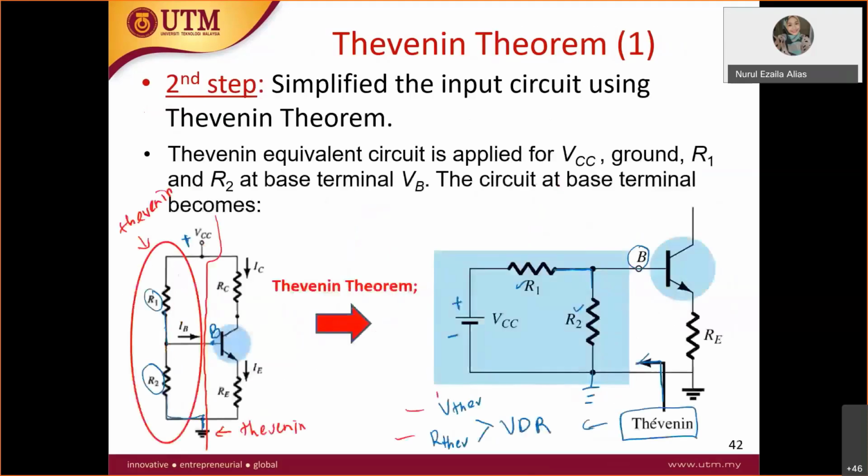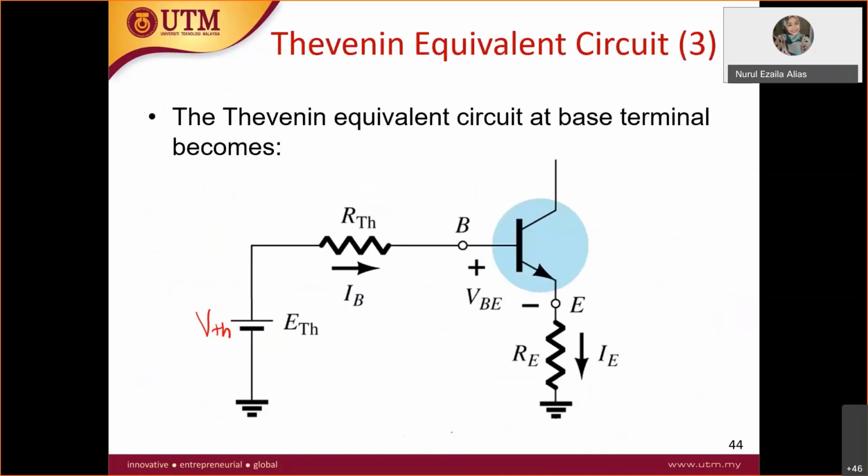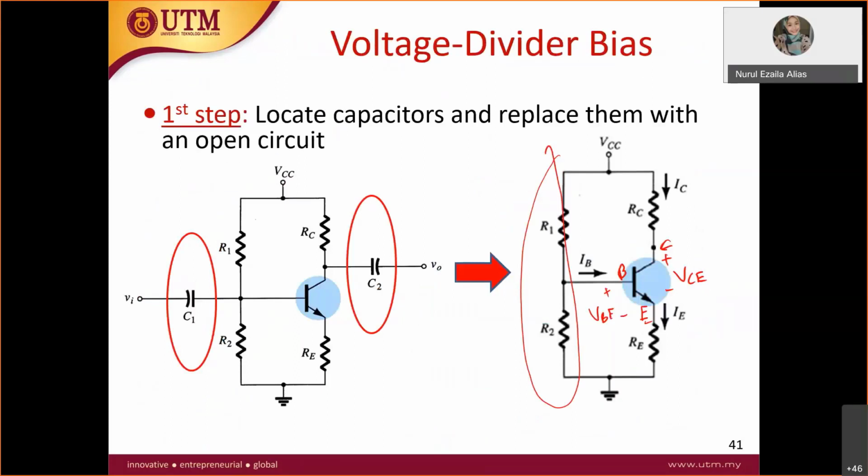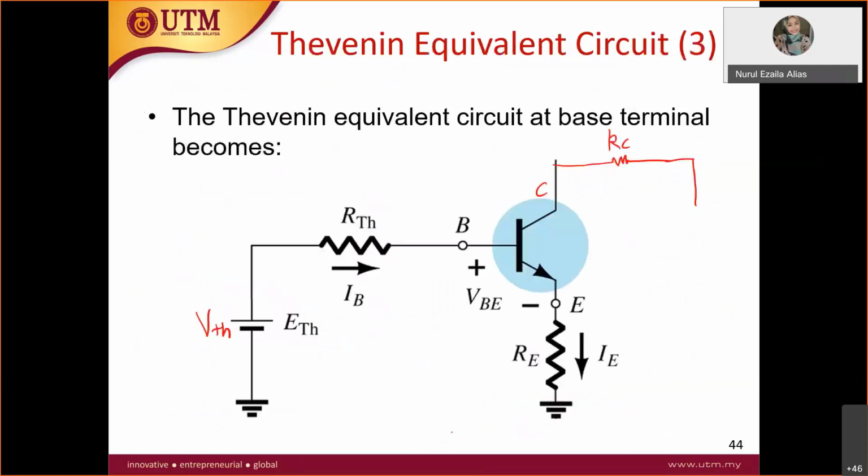If you want to draw it, this is your collector, therefore you have your RC here, and from RC you have VCC. At the emitter you have RE to the ground, same thing you have done before.